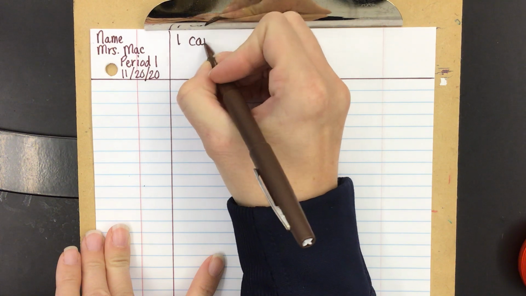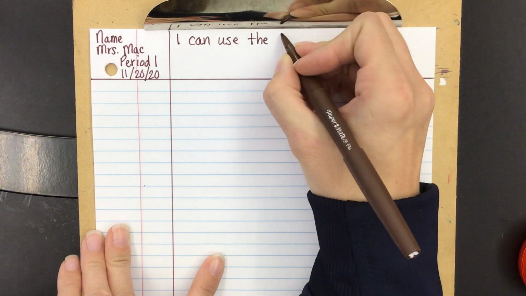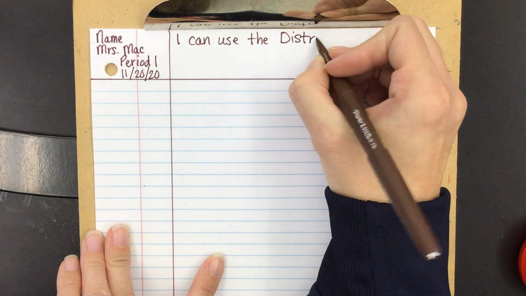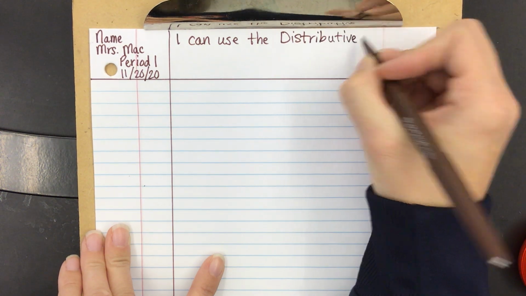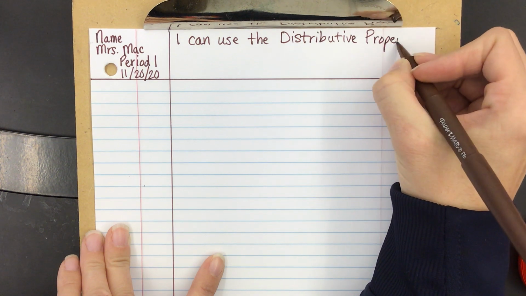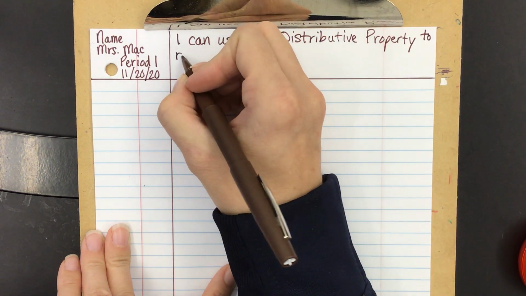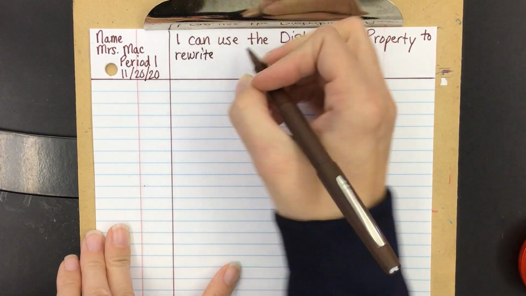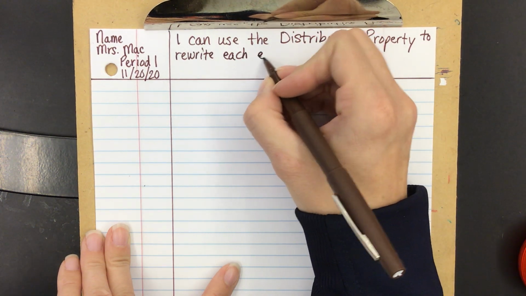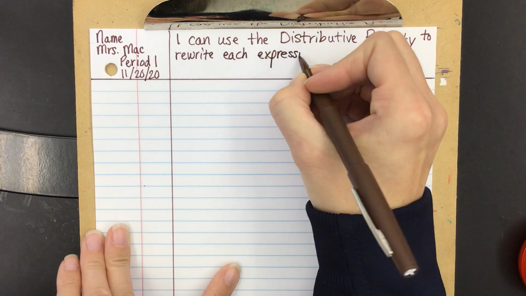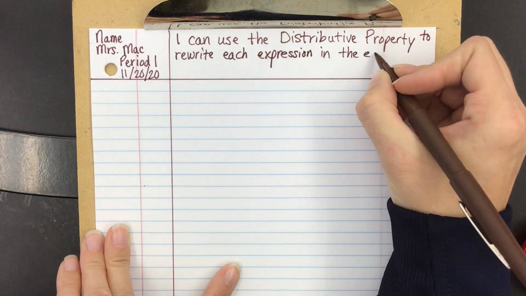Okay, so I can use the distributive property to rewrite each expression in the equivalent form.